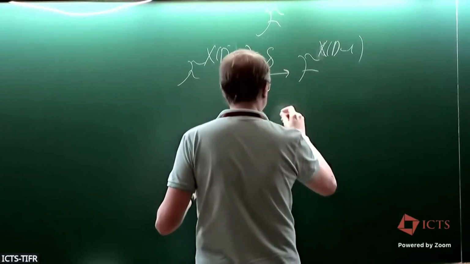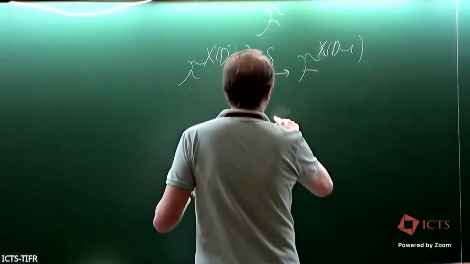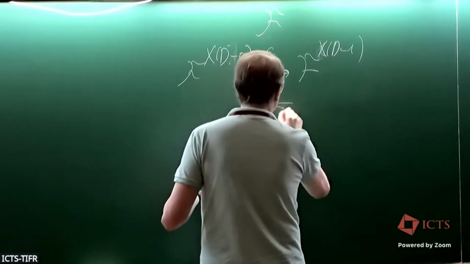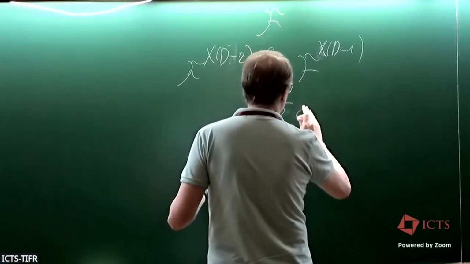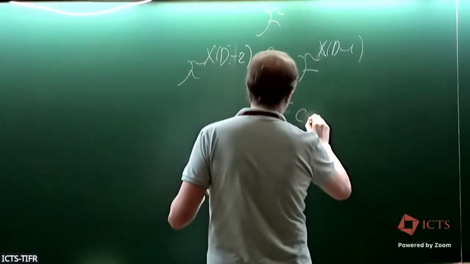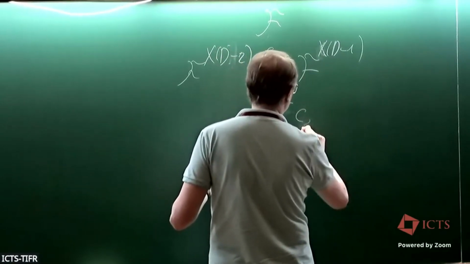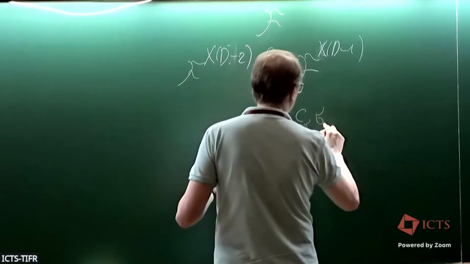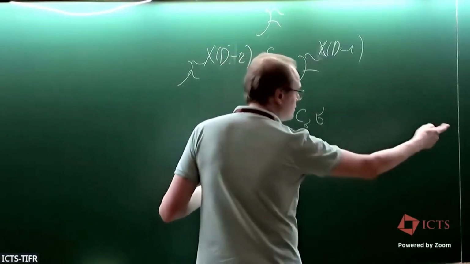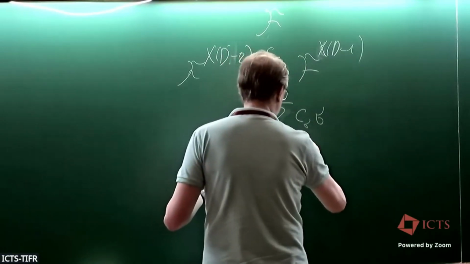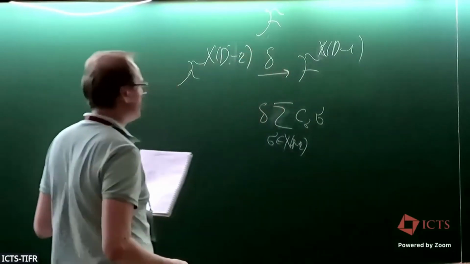Let us assume that this space consists of linear combinations of, let us denote it sigma, where sigma is these edges.